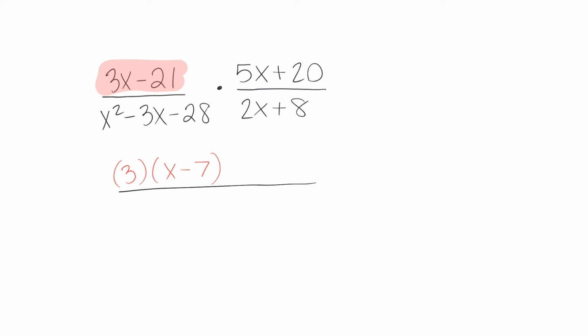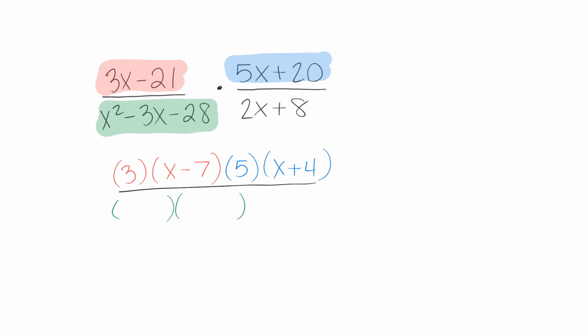Okay, the next piece of the numerator, 5x plus 20. What can I factor out? A 5, again, I'm going to put it in brackets, times x plus 4. Denominator, x squared minus 3x minus 28. What two numbers multiply to negative 28 and add to negative 3?